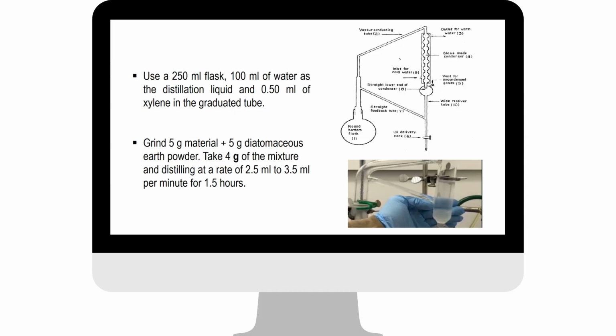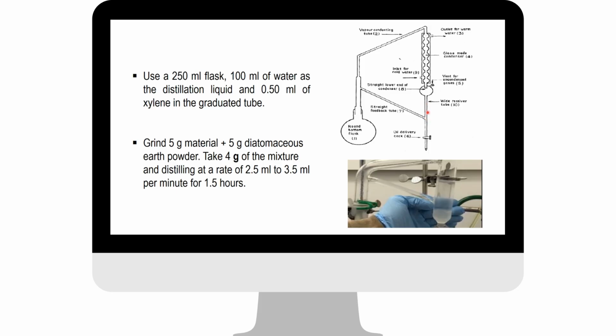So dear student, in this slide I'm going to explain the Clevenger apparatus by which we can isolate the eugenol. Before going to the process, first we should see the different parts of the apparatus. This is the round bottom flask in which we will place the drug material plus water. This is the tube which connects the RBF to the condenser and carries the vapor. This is the condenser which condenses the vapor into the liquid phase.